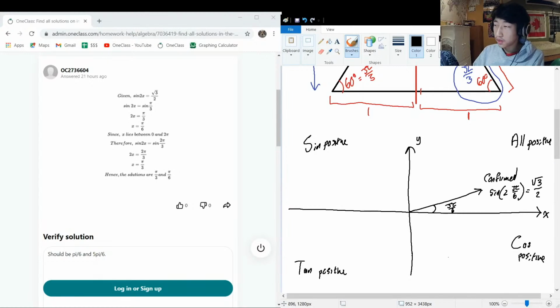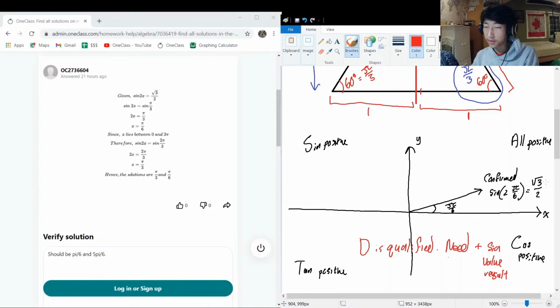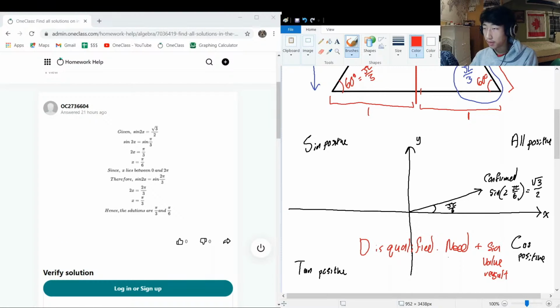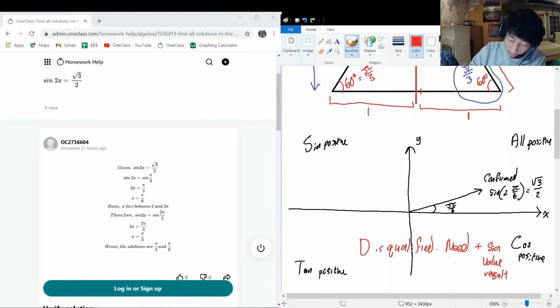Now, since we're working with sine, these two downstairs are disqualified. We need a positive sine value result. Otherwise, the result of doing a sine is going to be a negative number, and clearly our given answer is not a negative number.